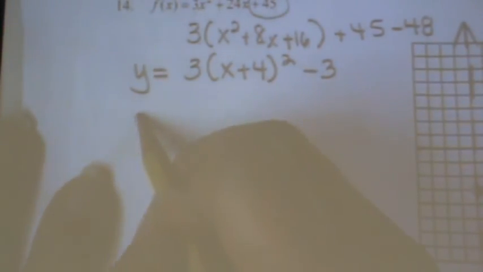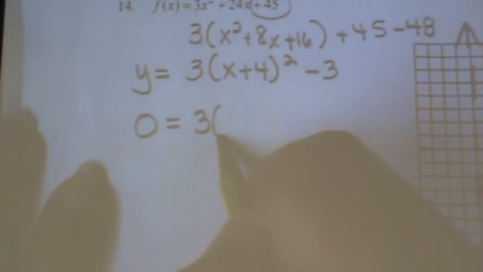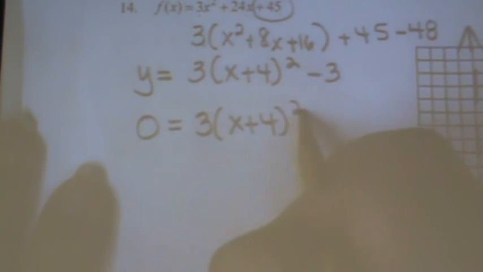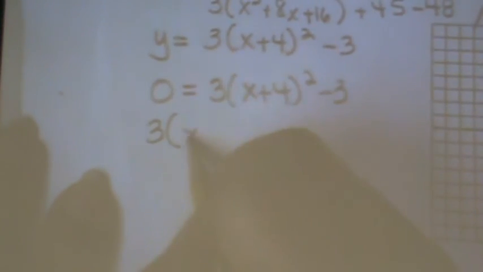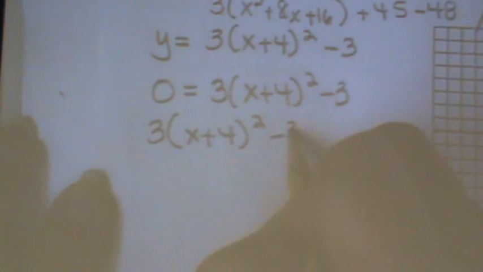Let's set y equal to 0. And you have 3 times (x plus 4) squared minus 3. So if we solve this, I'm going to rewrite it this way, so you can see the math a little bit better. Add 3 and divide by 3, you get 1.